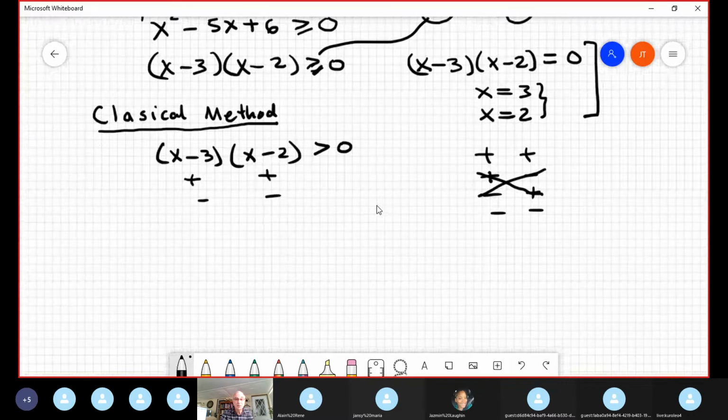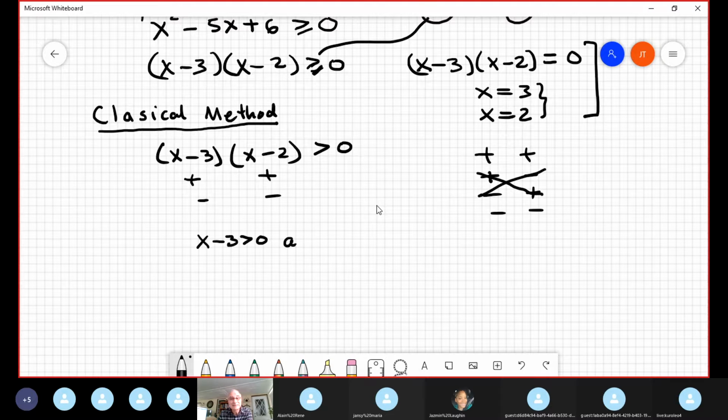Therefore, we separate the problem and express this inequality as two compound inequalities. The first one is x minus 3 is greater than 0 and x minus 2 is greater than 0, because I use plus plus.